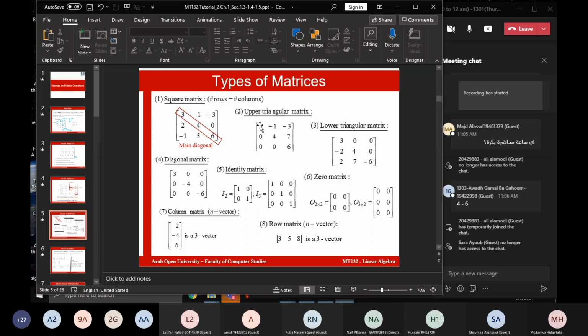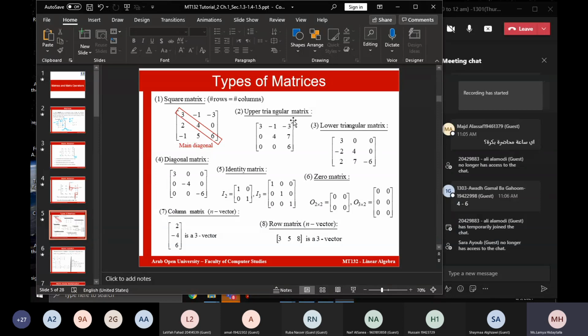Now, take the diagonal. If all the elements under the diagonal are zeros, then we call it an upper triangular matrix. And we call it a lower triangular matrix if the data is below the diagonal and the elements above are zeros.